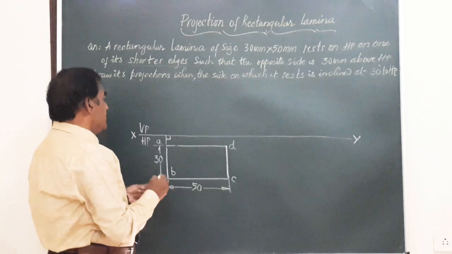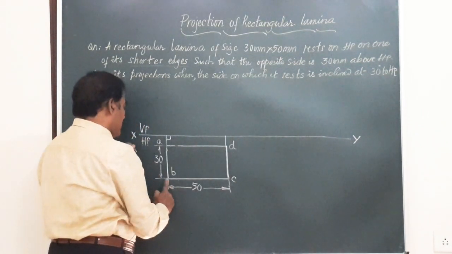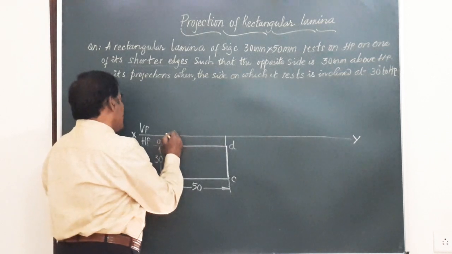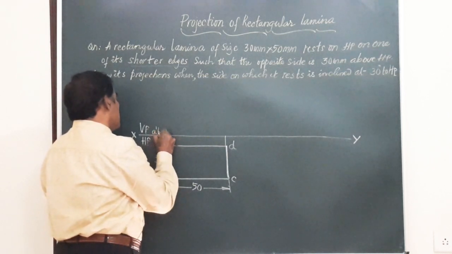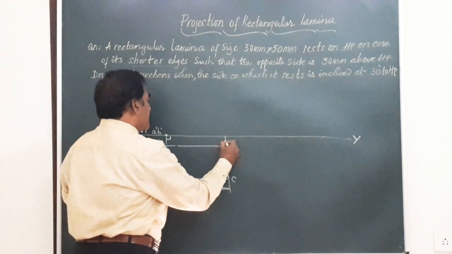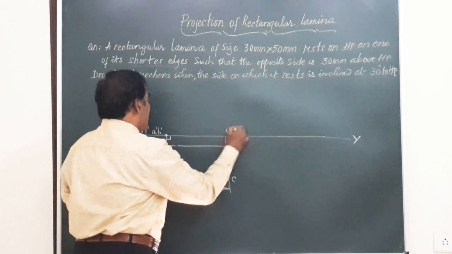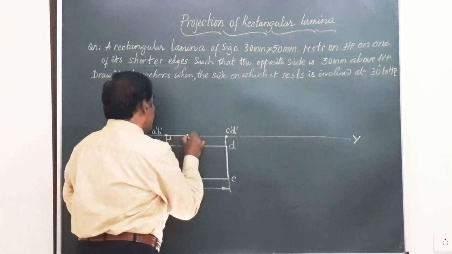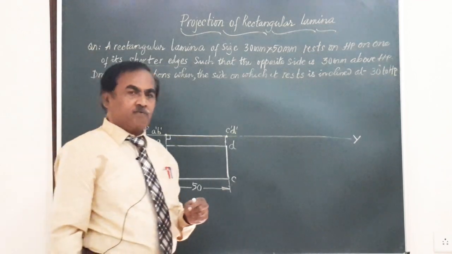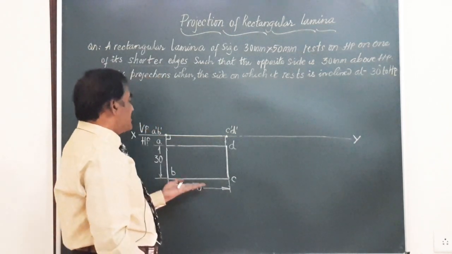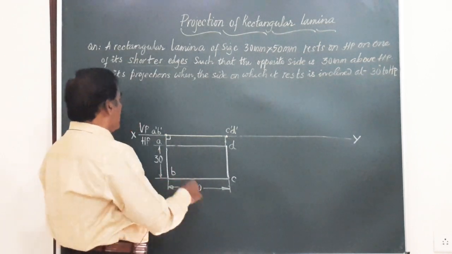And now friends, we have obtained the front view, a line on XY. So I will draw a line from this, it meets this XY here. I will call this A dash B dash, and similarly here you get the point C dash D dash. Friends, the line A dash B dash C dash D dash on XY represents the front view of the lamina when it is resting on HP with one of the shorter edges normal to VP.